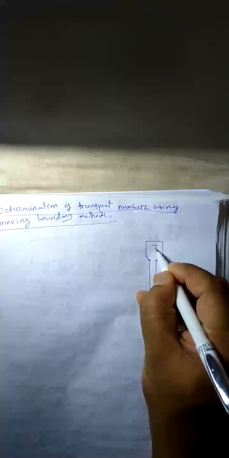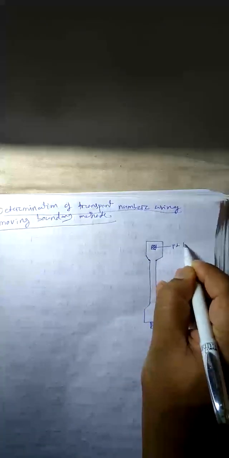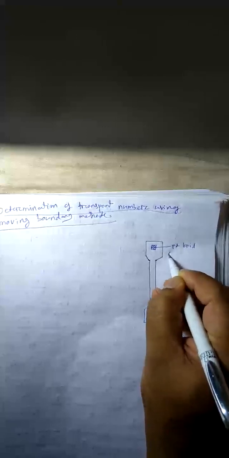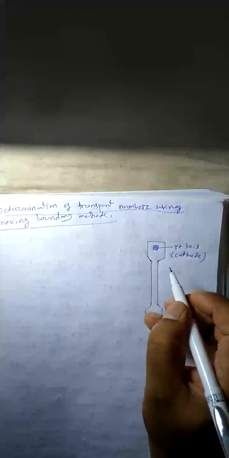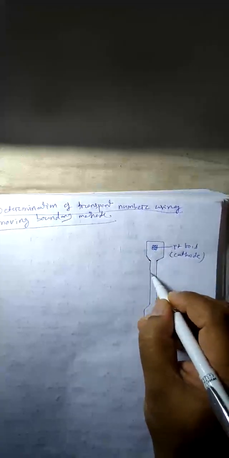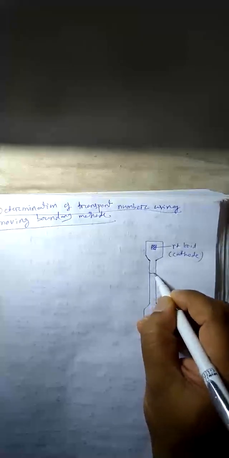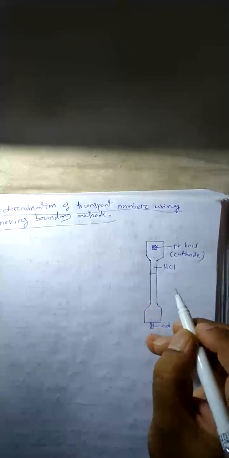It is made of platinum foil, which is called the cathode. Now I tell you that the upper portion consists of HCl, hydrochloric acid.